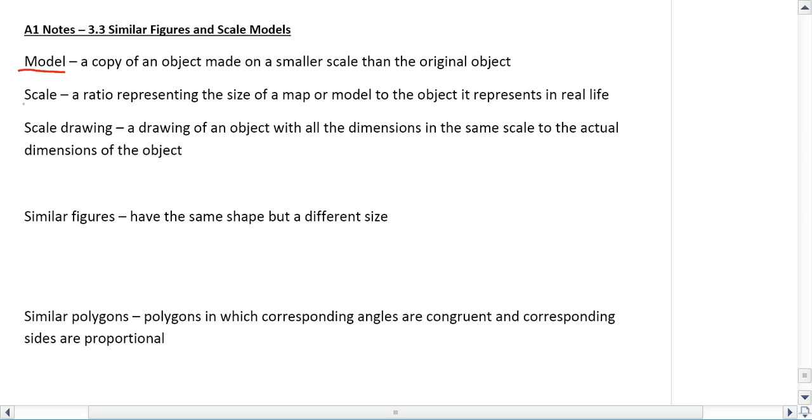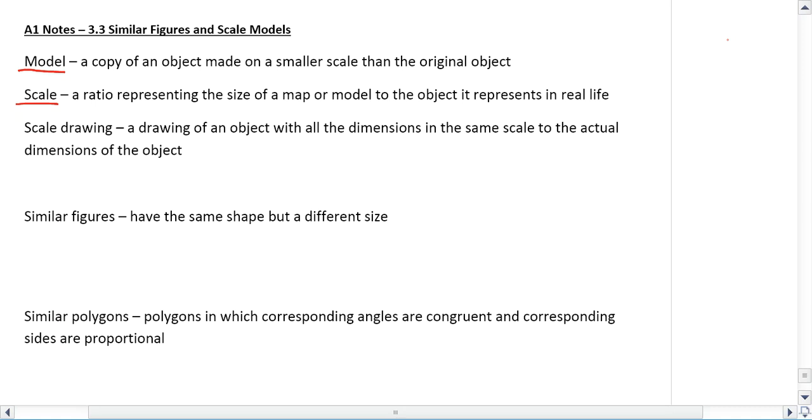Which leads us to our next term, scale. The scale is the ratio representing the size of the model or the map compared to the object it represents in real life. For instance, if you made a model of a car, perhaps 1 foot of the car would equal 1 centimeter on the model.